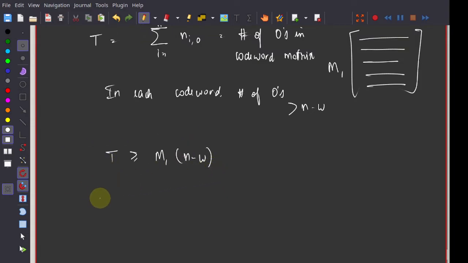Now similarly, I look at the following quantity. Remember that earlier we applied the Cauchy-Schwarz inequality on the n_i vector. Now I want to differentiate between zero elements and non-zero elements, because of this weight constraint.